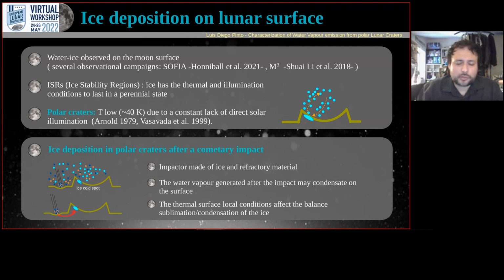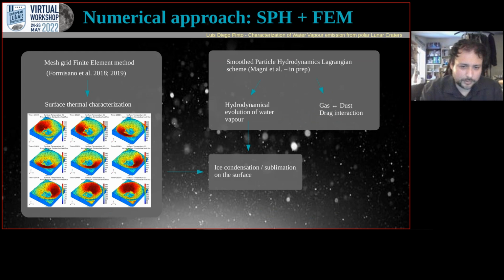The condensation process of the water vapor on the surface may depend on the local pressure and even on the thermal surface conditions. So basically, our model aims to use two numerical schemes to perform the study.